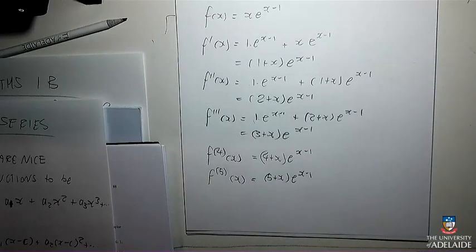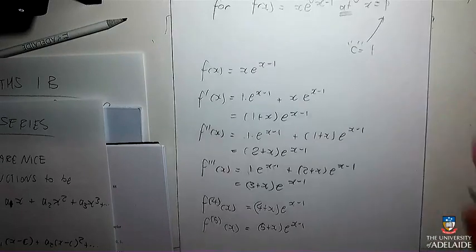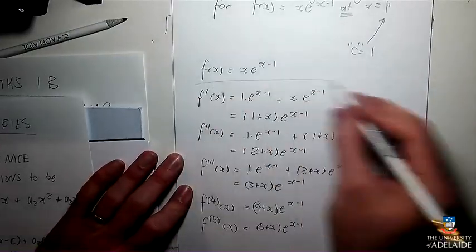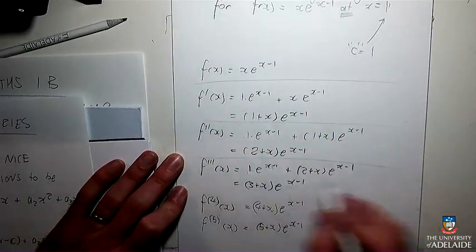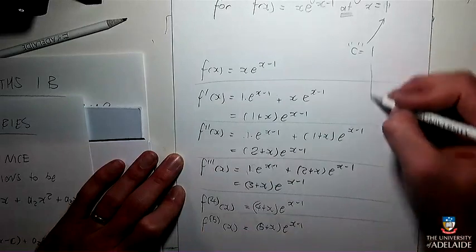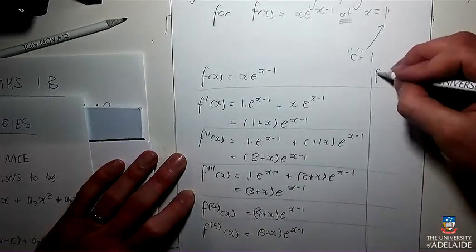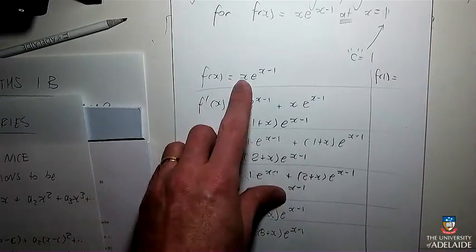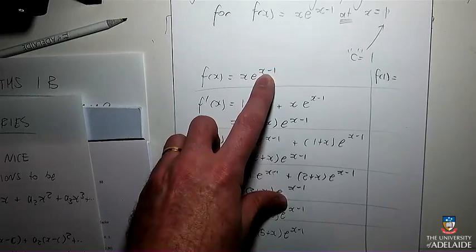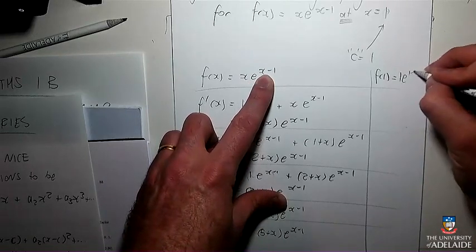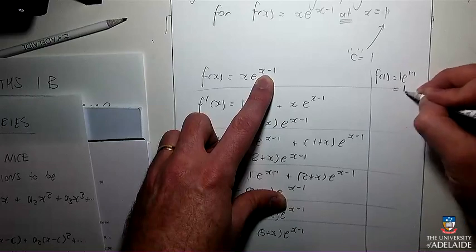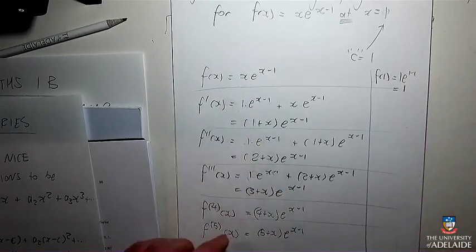Okay, and so I'm actually going to need all of these calculated at the center that I'm using. So I'm going to need them at 1. So normally what I do is actually I draw them in a table. So f of 1 is 1 times e to the 1 minus 1, which is 1 times 1, which is 1, okay?